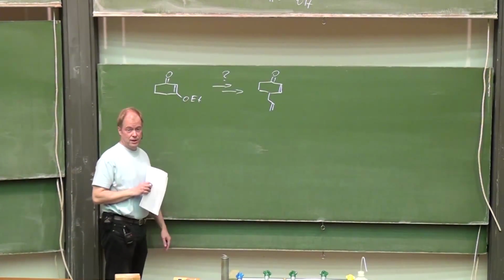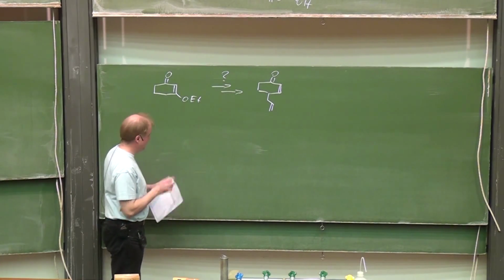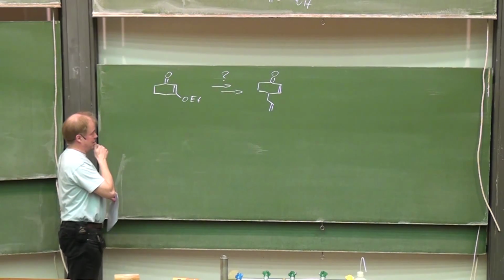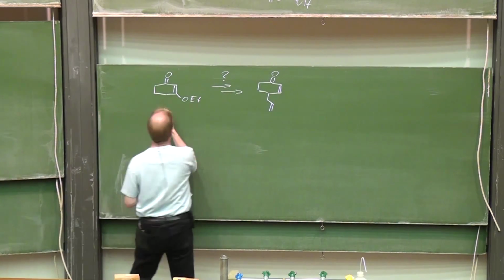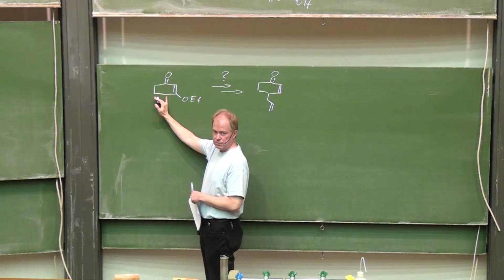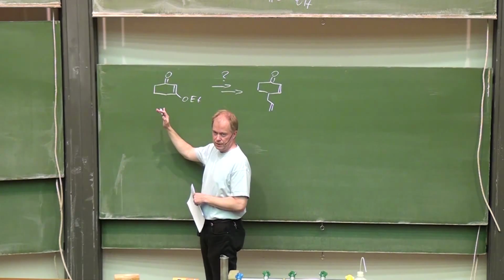Well, some of you have indeed found the solution to this problem. So, first of all, it looks like we have to activate this position, deprotonate here, and then alkylate there.